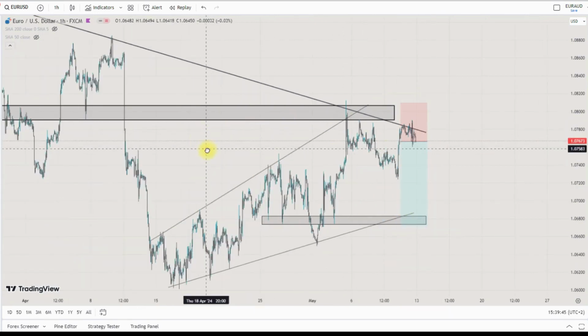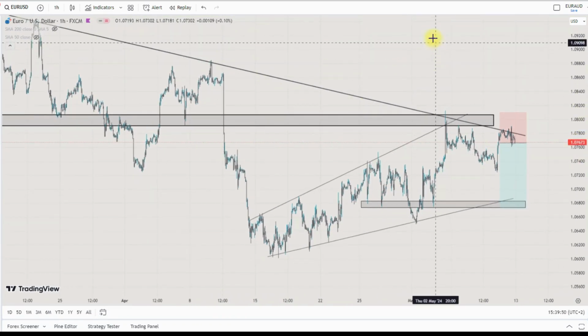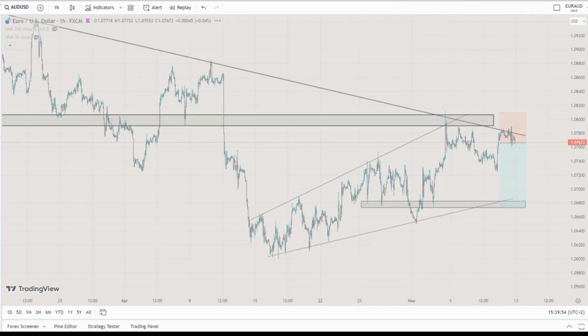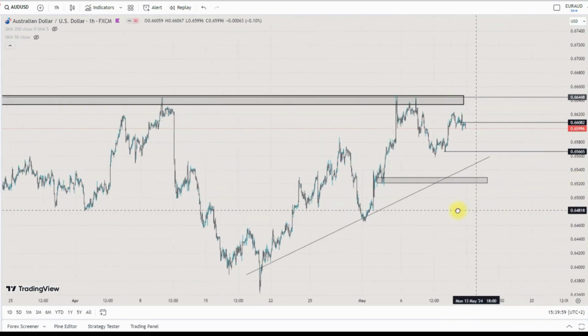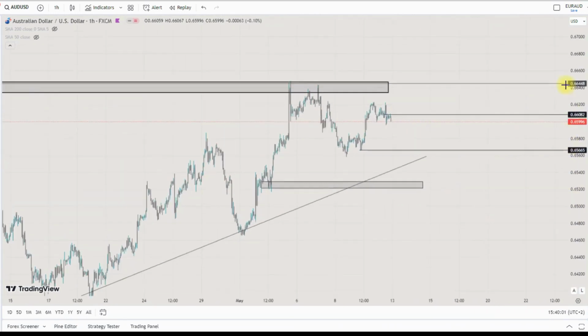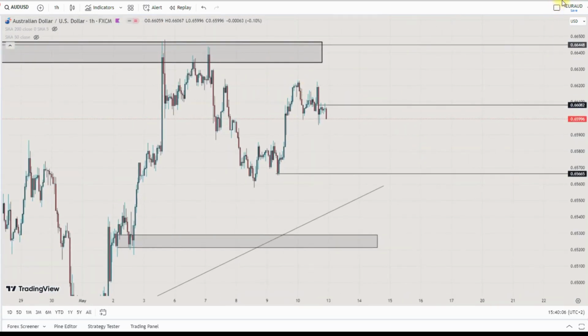So I'm on short bias on EUR/USD, meaning that I'm on sell bias on EUR/USD going into the next week. And then on AUD/USD too, I'm on sell bias, because if you see how price reacts to this level, you will see that price rejects this level to the downside.